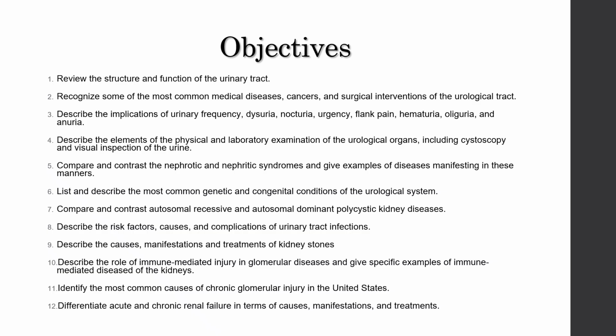So by the end of chapter 15, you should be able to review the structure and function of the urinary tract, recognize common renal diseases, cancers, and surgical interventions, understand the clinical meaning of symptoms like dysuria, hematuria, oliguria, anuria, nocturia, compare nephritic versus nephrotic syndromes, identify common genetic and congenital renal diseases, distinguish autosomal dominant versus recessive polycystic kidney disease, explain causes of UTIs and kidney stones, understand immune-mediated glomerular injury, differentiate acute versus chronic renal failure.